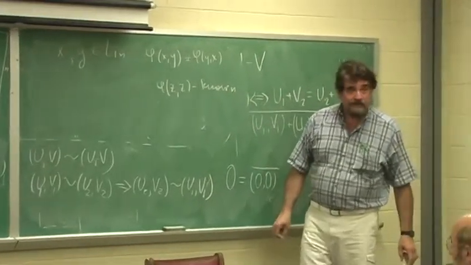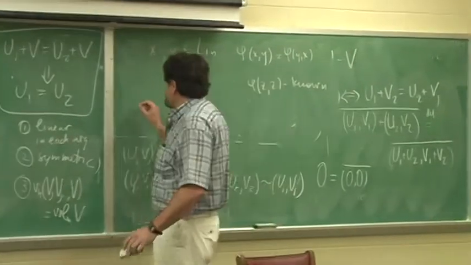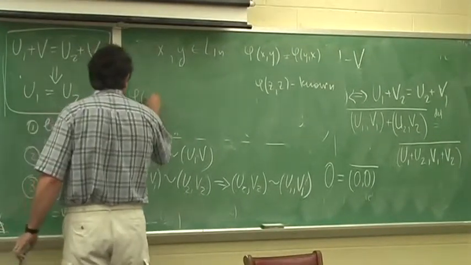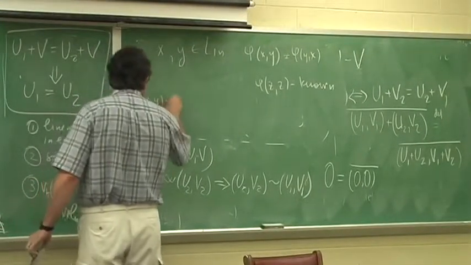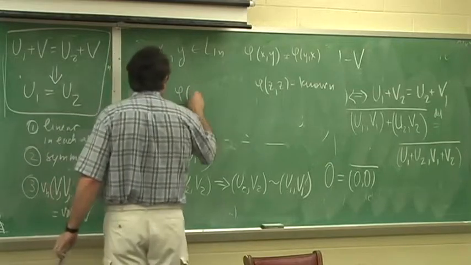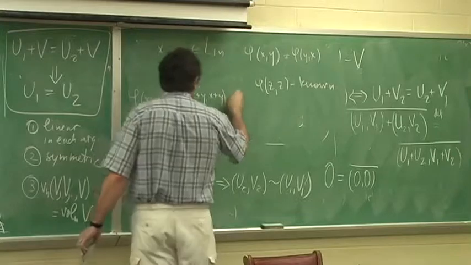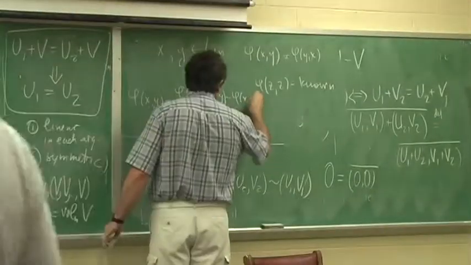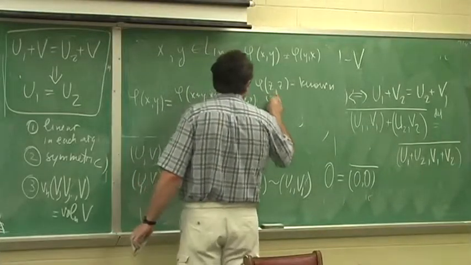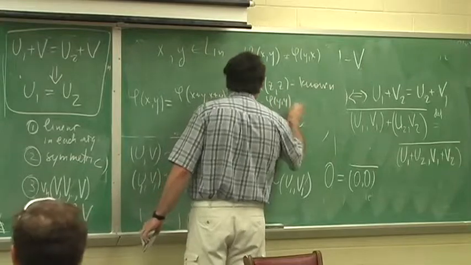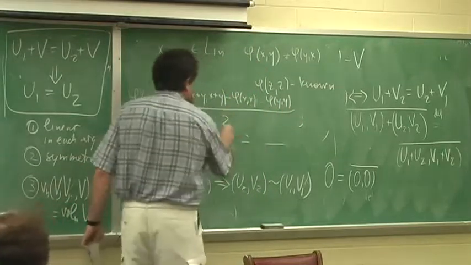Then I know the form for an obvious reason. Phi of (x, y) is phi of (x plus y, x plus y) minus phi of (x, x) minus phi of (y, y), and I think over 2, if I'm not mistaken.